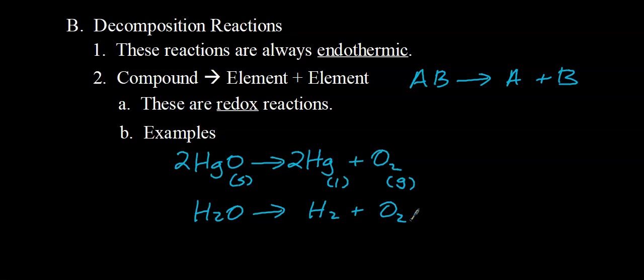Don't worry about that part. Take some water and pass an electric current through it. You can break it apart into hydrogen and oxygen gas. So there's our balanced equation for that one.